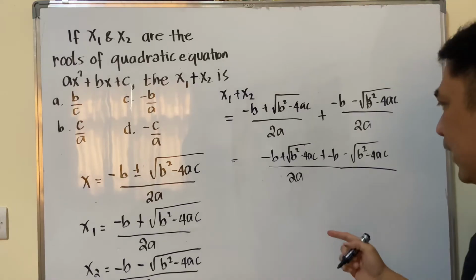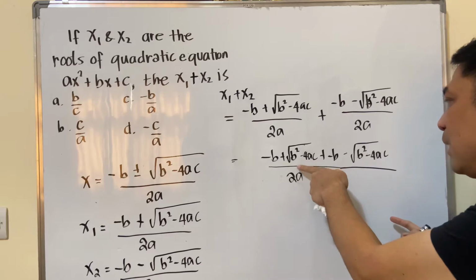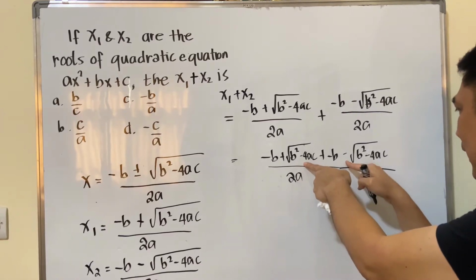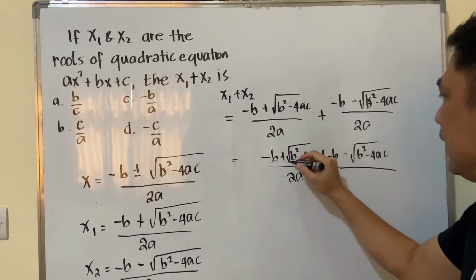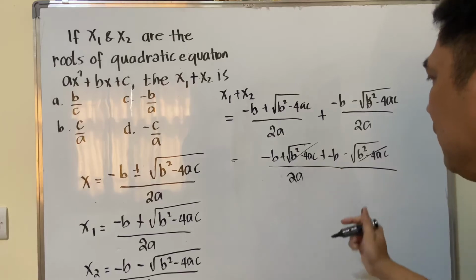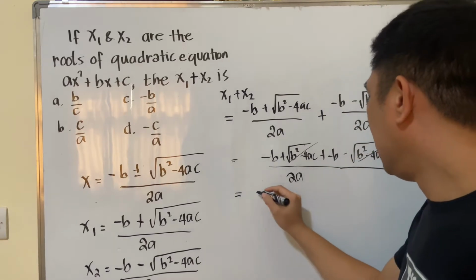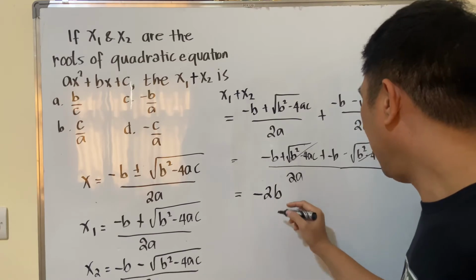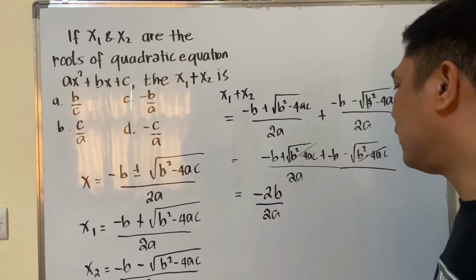If you notice here, this plus the square root of b squared minus 4ac and another minus the square root of b squared minus 4ac, these two will cancel, and you have negative b plus negative b. That means you have negative 2b over 2a. So what's left here is negative 2b over 2a.